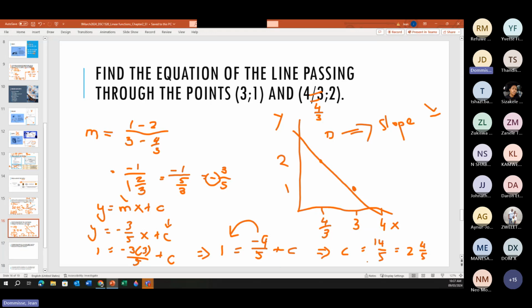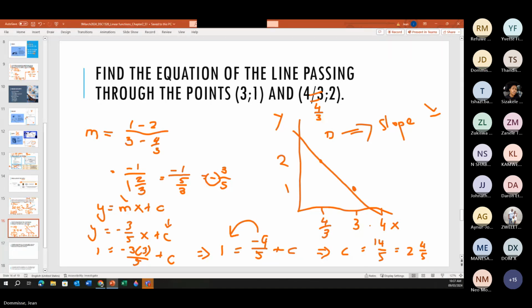How I got there is I just said 5 times 1 is 5, 5 plus the 9 is 14. So again, making improper fractions, I can't nearly do it the other way around.